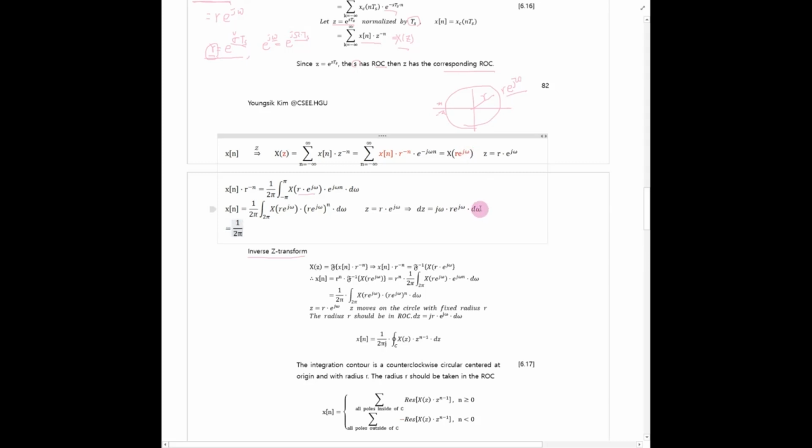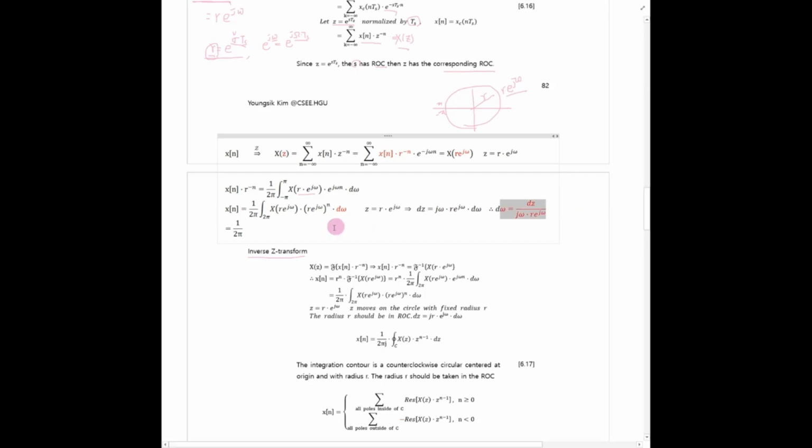You need to know that d omega equals dz over j omega r e to the j omega. This d omega should be replaced by this one.